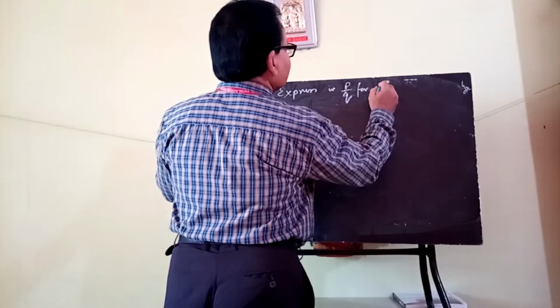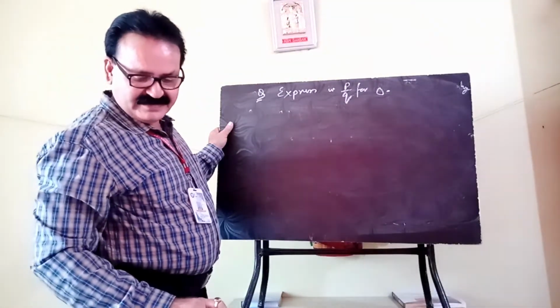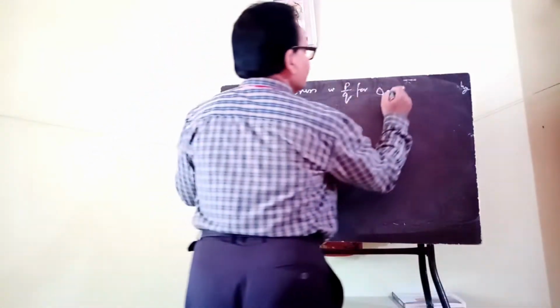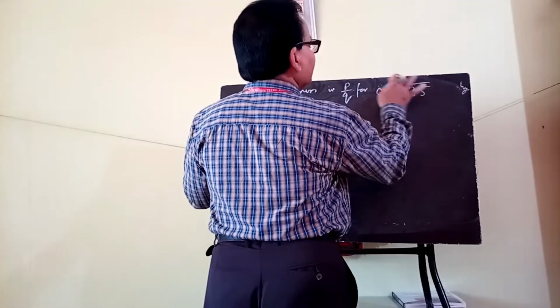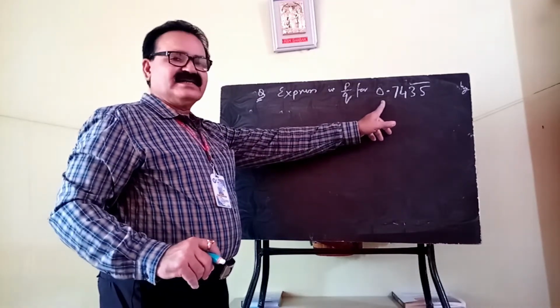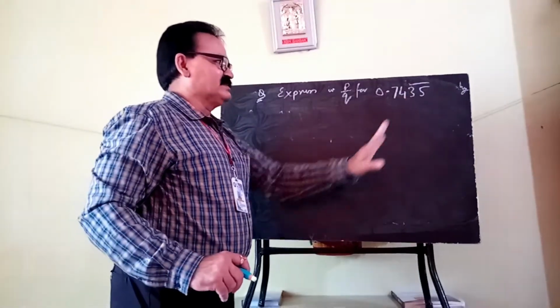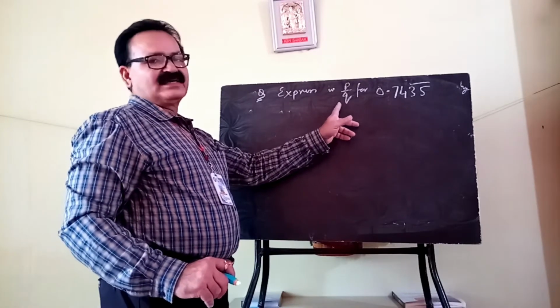Your data is 0.7435, and there is a bar over 35. So this is a recurring decimal because 35 is repeated. You have to express it in p by q form.